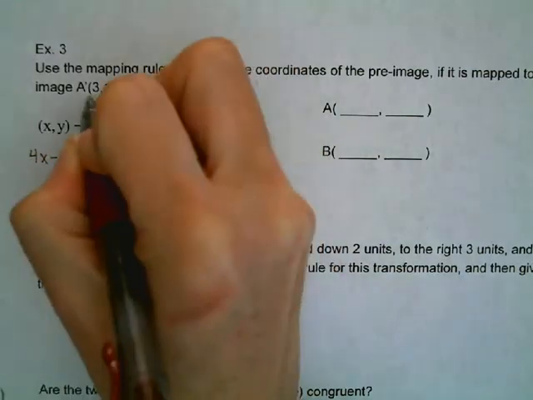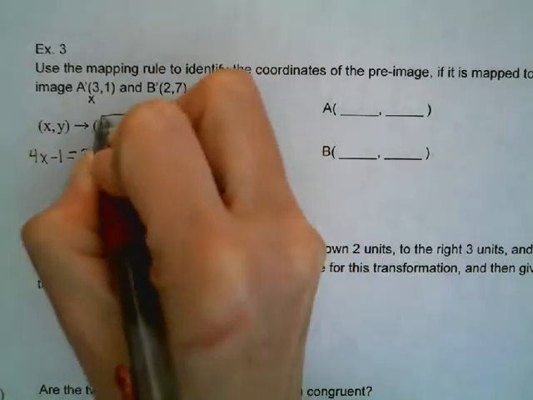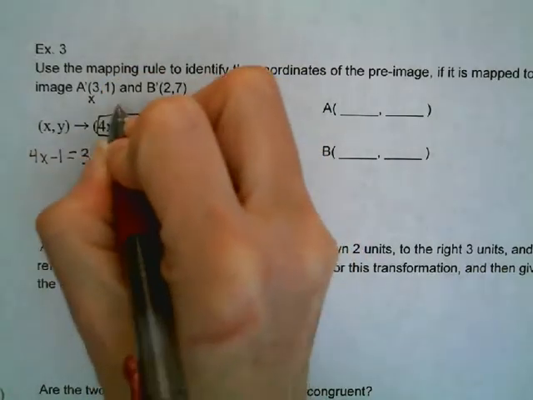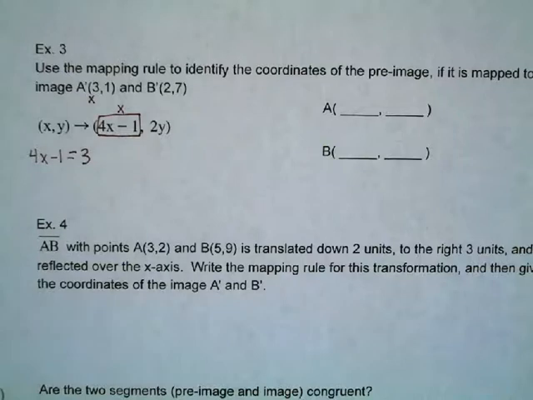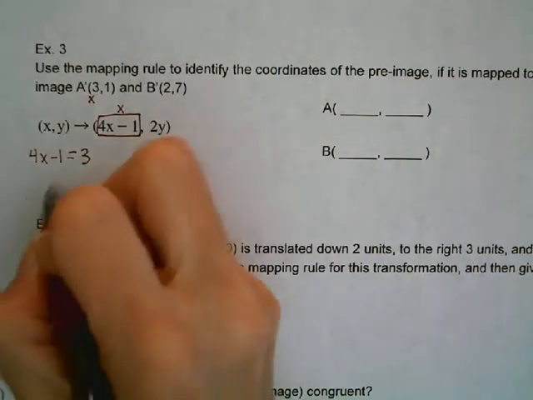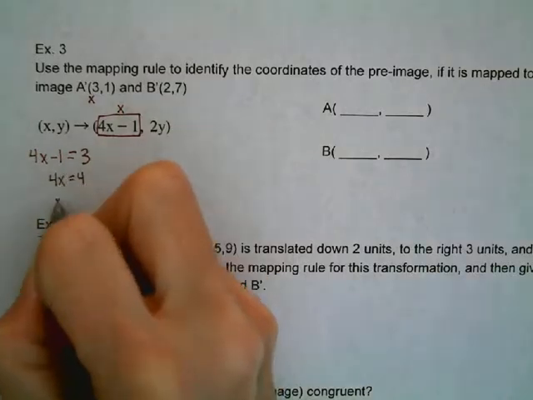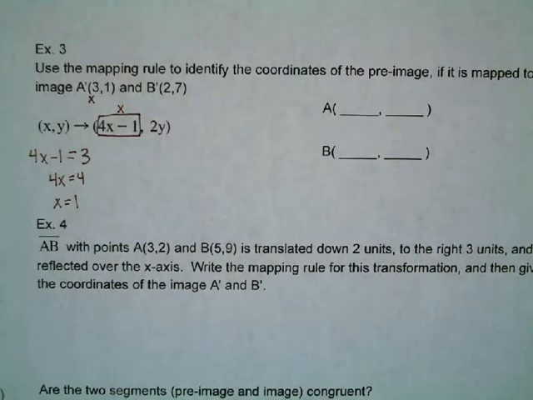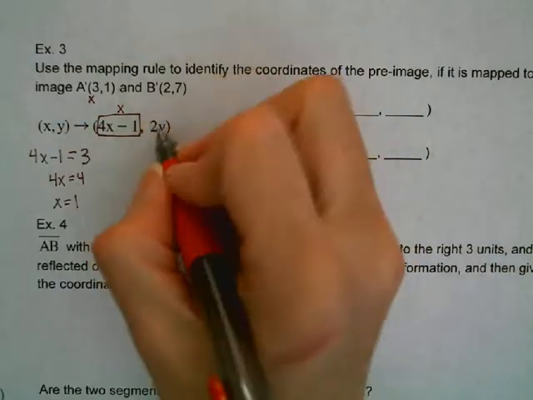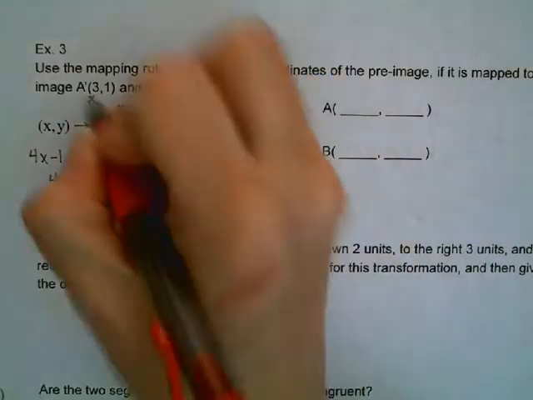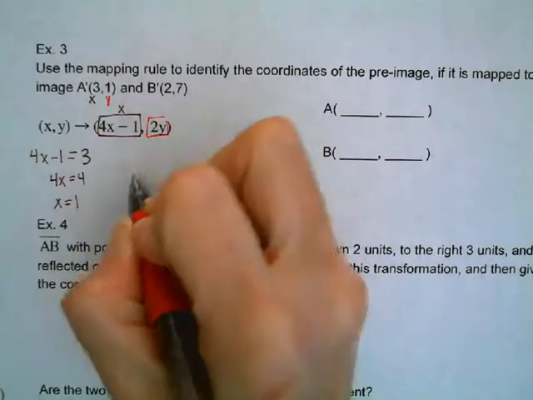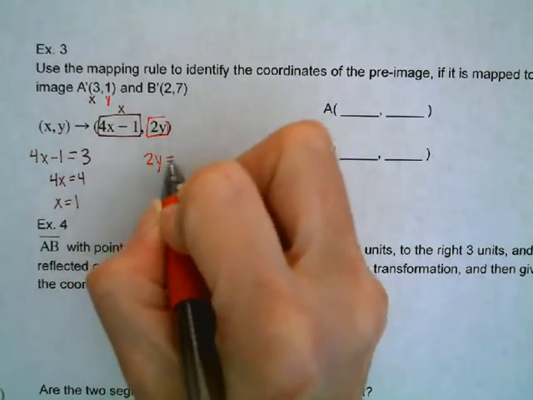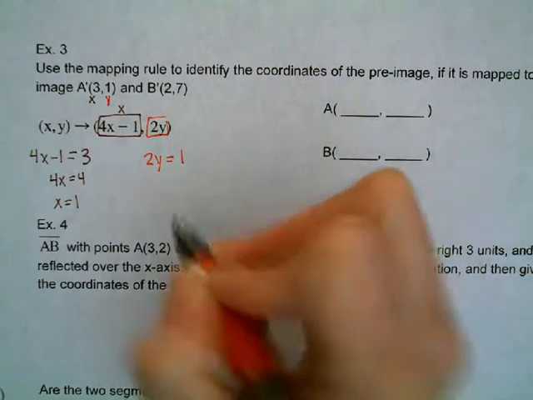We're going to do the a's first, okay? So 4x minus 1 equals 3. That's the x value. And this whole thing represents the x value in the new image, okay? So to find the original one, you're going to solve for x. And you're going to do the same thing with the y values.